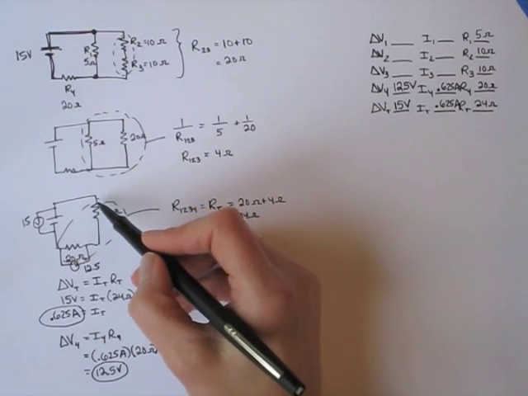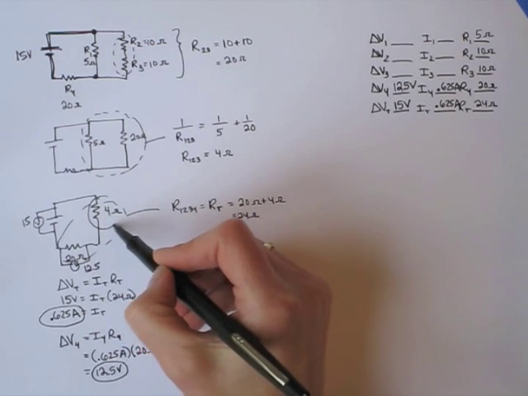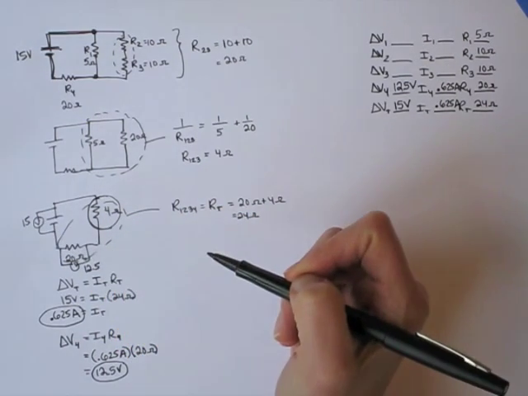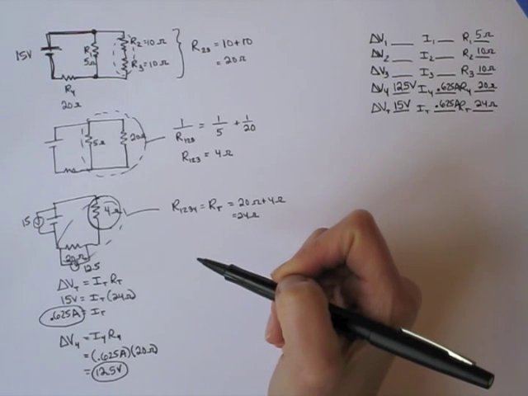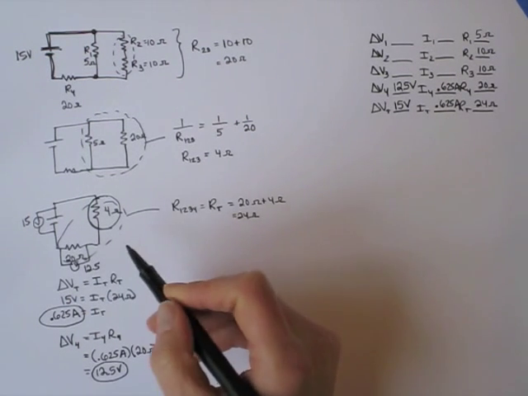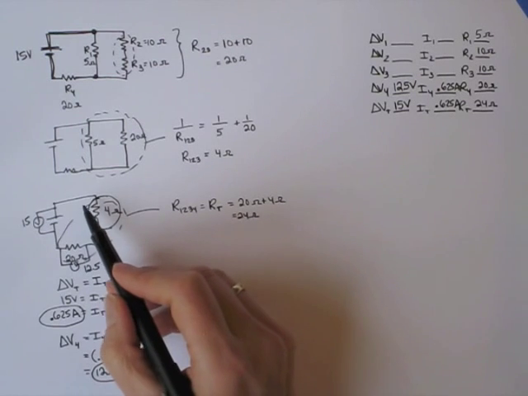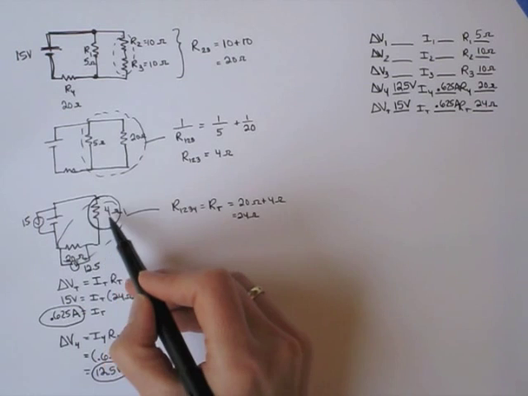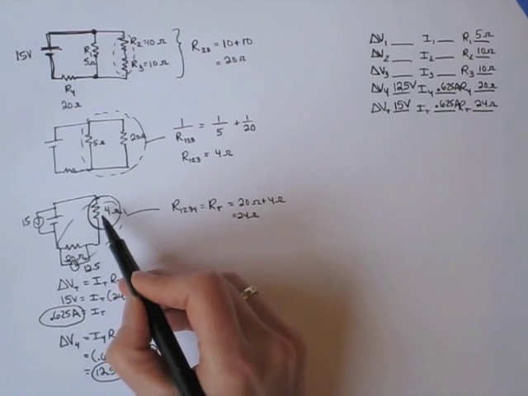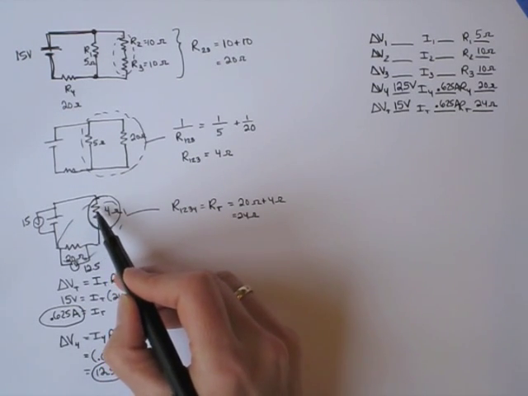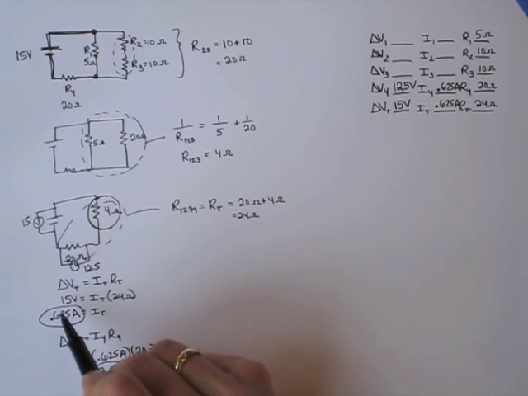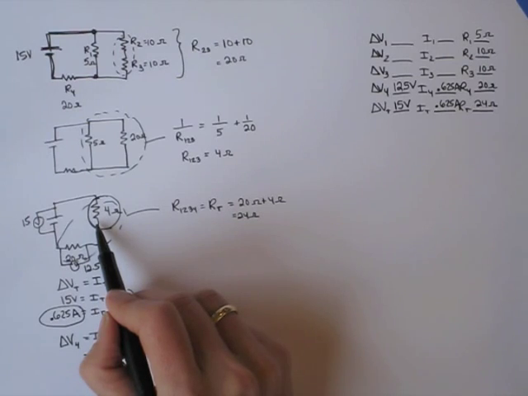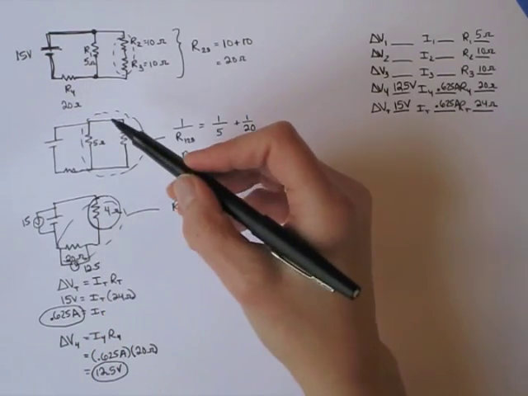So that tells me that across this one, the voltage would have to be 15 minus 12.5, which is 2.5, because this is series and so they have to add up. So whatever potential difference, voltage drop, lots of different words for that, occurs here, this one plus this one has to equal the total. So that tells me that across here, that's going to be 2.5 volts.